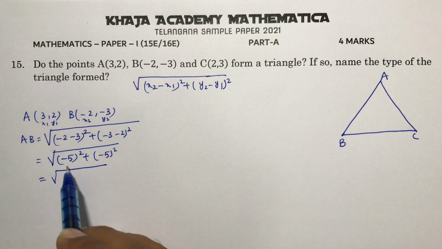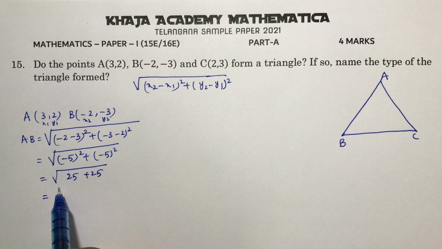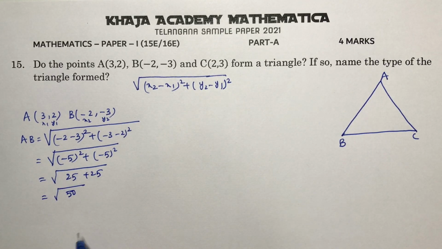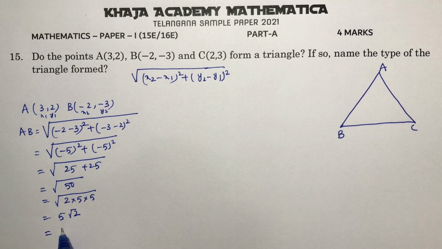So it is 25 plus 25, that is root 50, and root 50 if you do prime factors, 2 into 5 into 5, so 2 5s are there, so you can write as 5 root 2. Root 2 value as you know is 1.4, I am taking one decimal, so it will be 7.0.